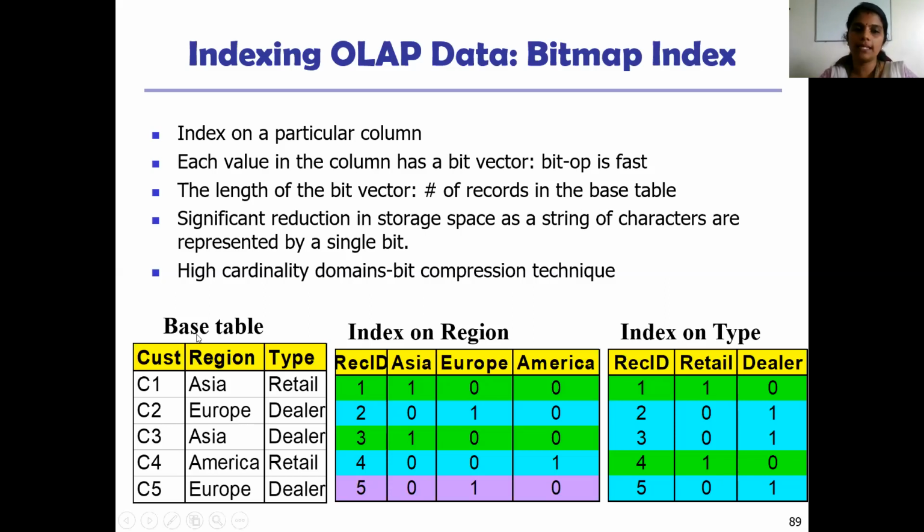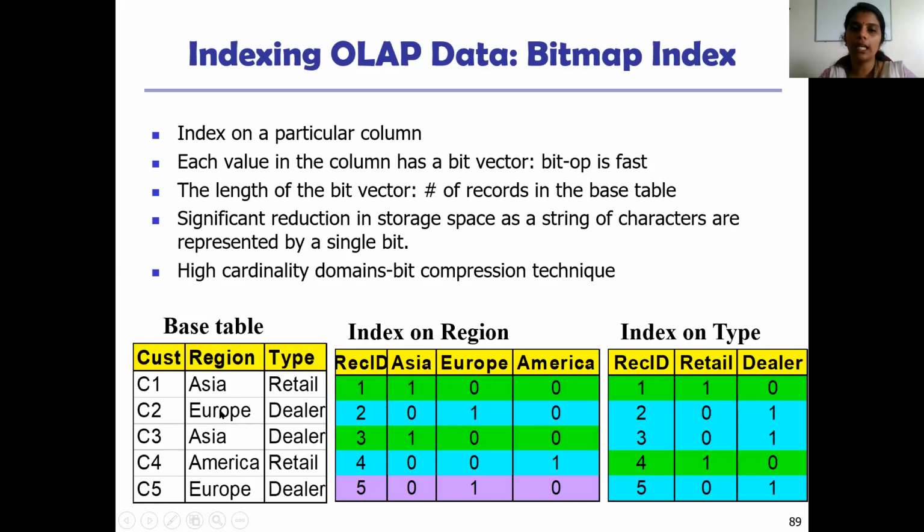I have the base table here with customer, region and type. There are 5 customers, C1, C2, C3, C4 and C5. I have defined an index on region and another index on type. How do I define it? First of all, I should look at the region column. How many values do I have here? I have a value Asia, another value Europe, and another value America.